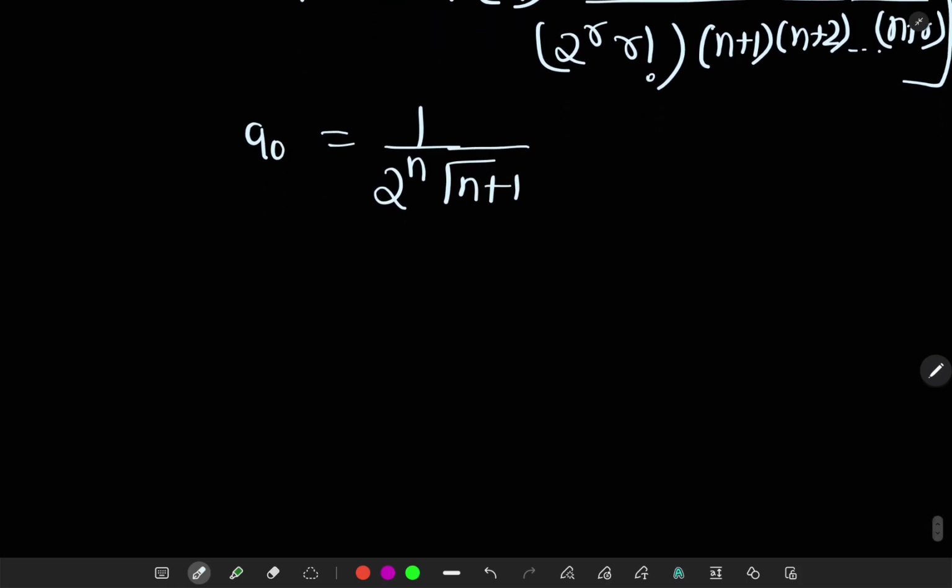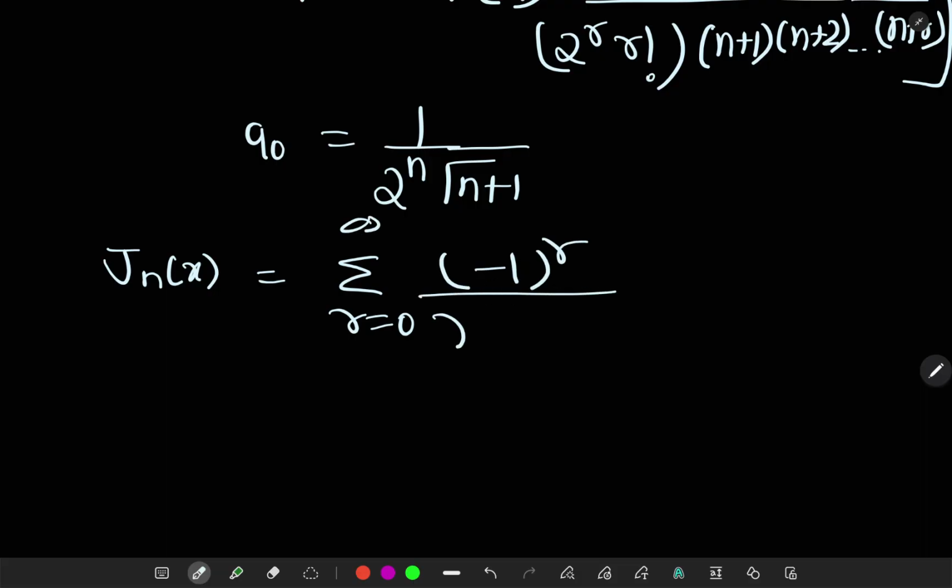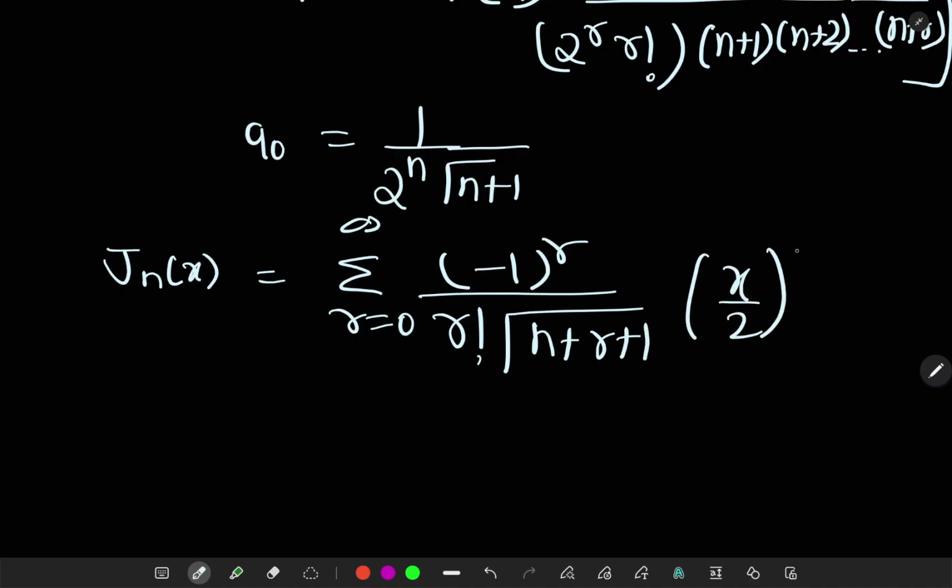Here Jn(x) is the Bessel function, and Jn(x) is equal to summation r equal to 0 to infinity, minus 1 raised to power r divided by factorial r into gamma (n plus r plus 1), into (x by 2) whole power n plus 2r.